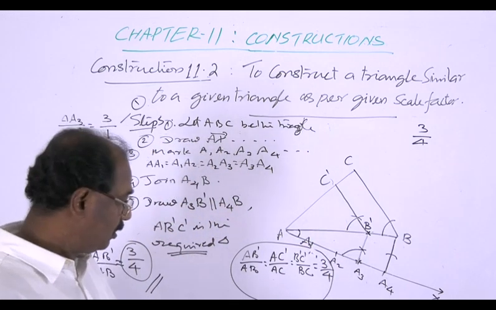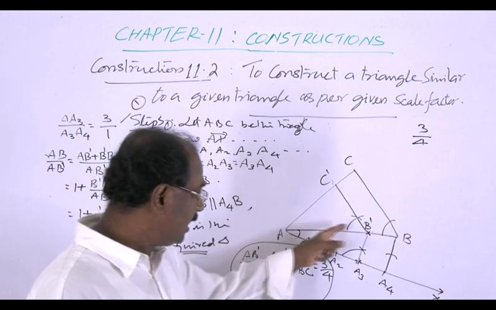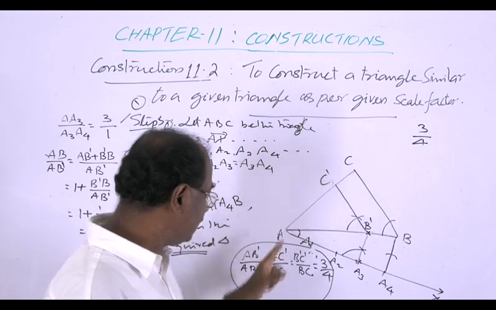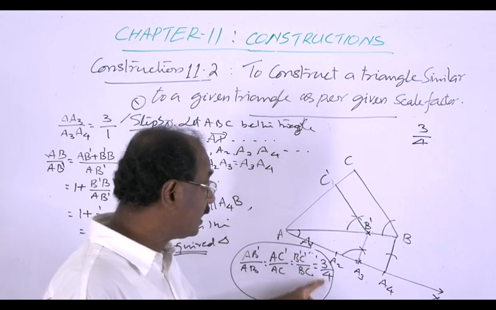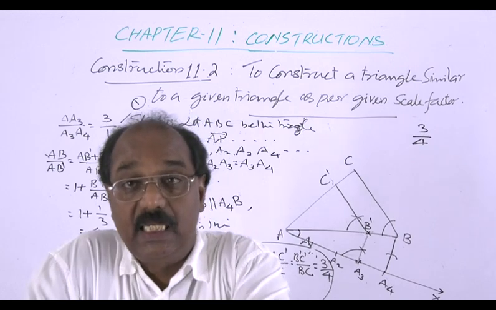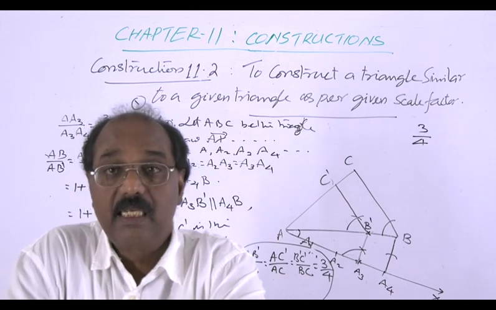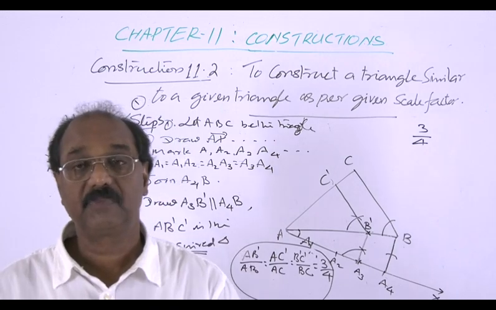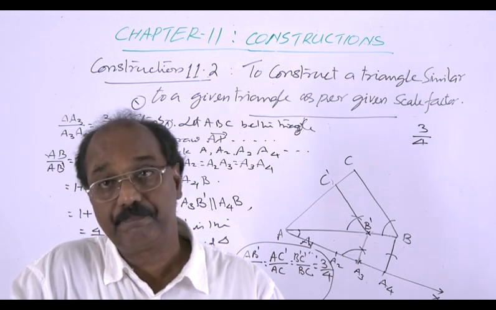That is, for the new triangle AB dash C dash, AB dash by AB equals AC dash by AC equals B dash C dash by BC equals 3 by 4. So the newly constructed triangle is such that the sides are 3 by 4th of the given triangle ABC, and that's all. Construction completed, the verification also completed.